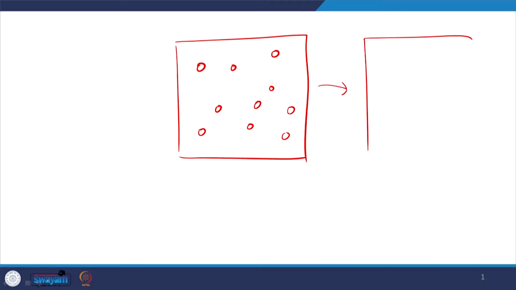So, in these cases, provided that the concentration is large enough and provided that the attraction is much larger in comparison to thermal energy, because if thermal energy is dominant, the system will tend to go to an ideal gas like state. But if attraction is higher than thermal energy and if the concentration is reasonably large, in that case they will tend to form some sort of an aggregate.